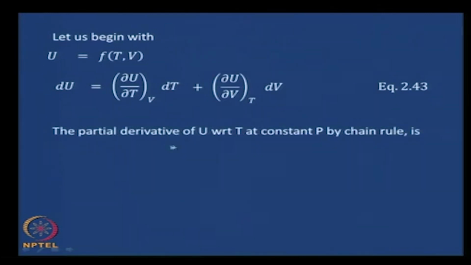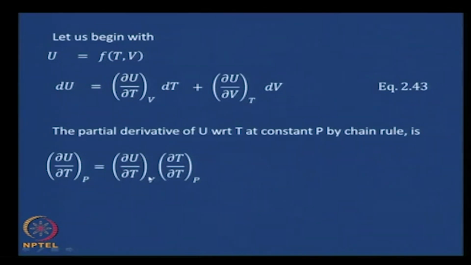Now, if we take the partial derivative of u with respect to t at constant p, then by using the chain rule we have dou u dou t at constant p equals dou u dou t at constant v, dou t dou t at constant p, plus dou u dou v at constant t, dou v dou t at constant p. You can all see that this goes to 1.